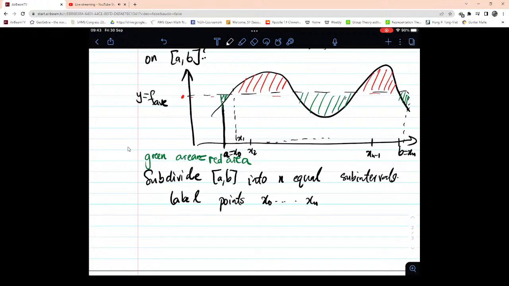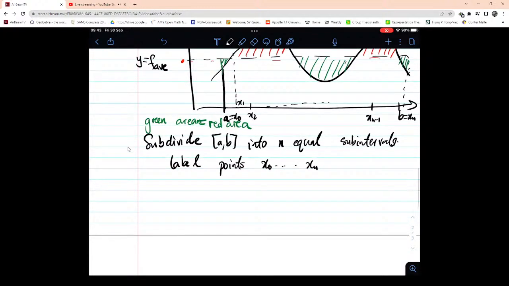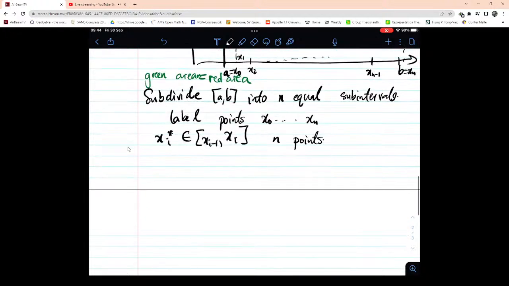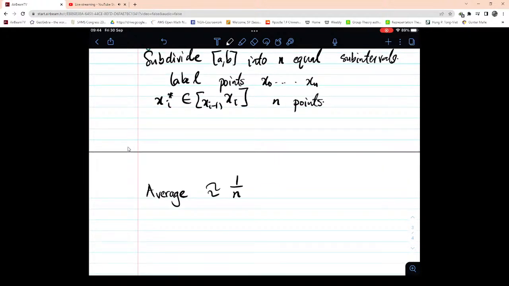And then we take a point on each subinterval that we have. So that means we've got n points. Then if we want to find the average, it will be approximately equal to 1 over n times the sum of these points, right?